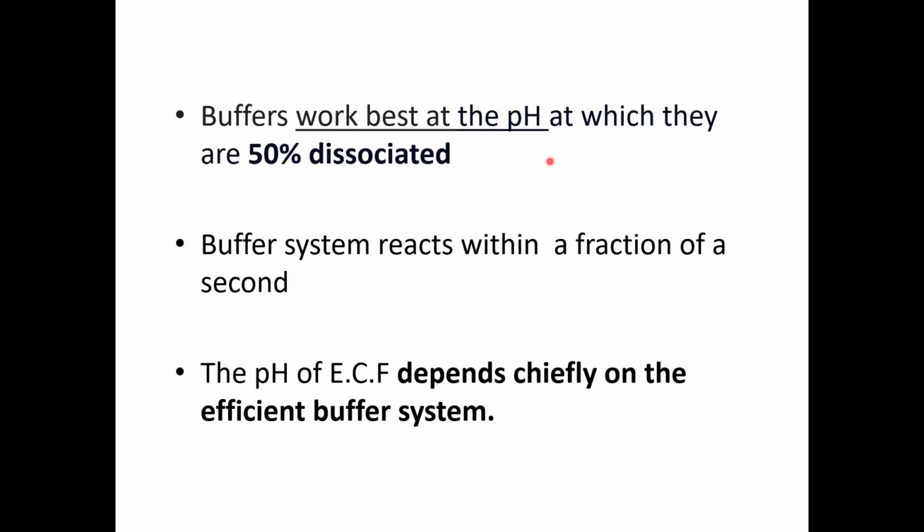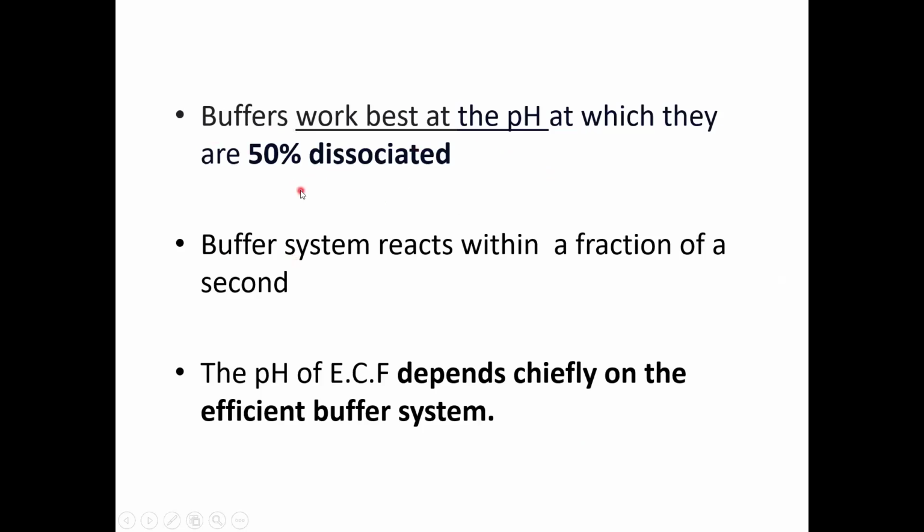So if buffers were made up of strong acids and bases, how would they resist changes in the pH? Because they themselves would add hydrogen ions and hydroxyl ions to the solution. So that's why buffers are always made up of weak acids and their conjugate bases, and they work best at the pH at which they are 50% dissociated.